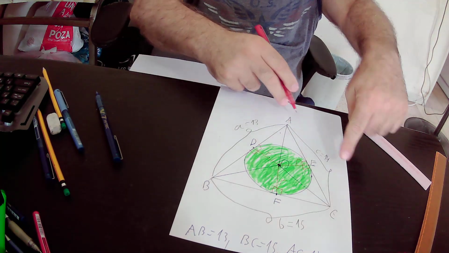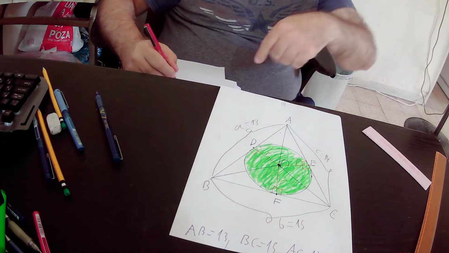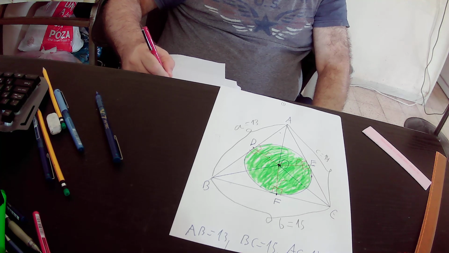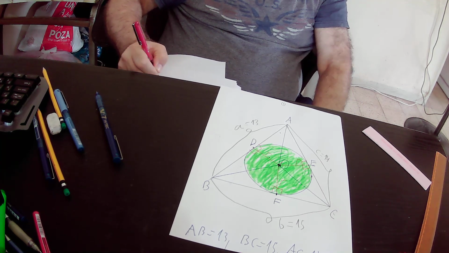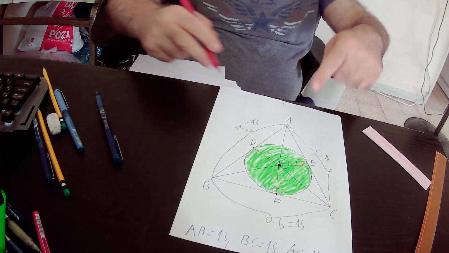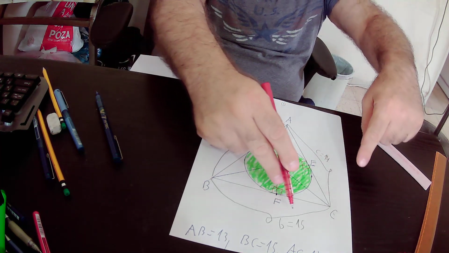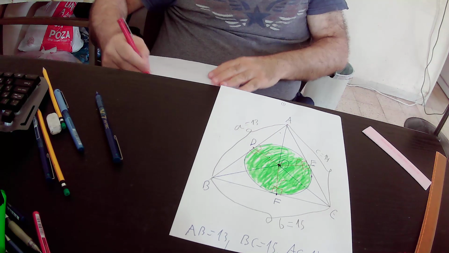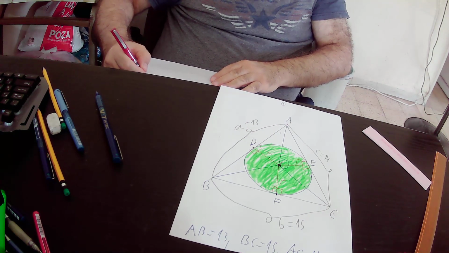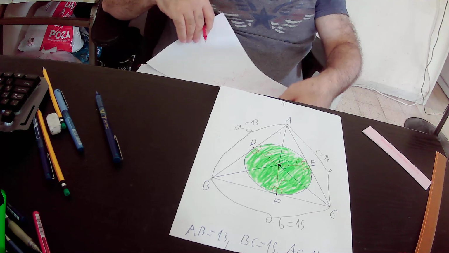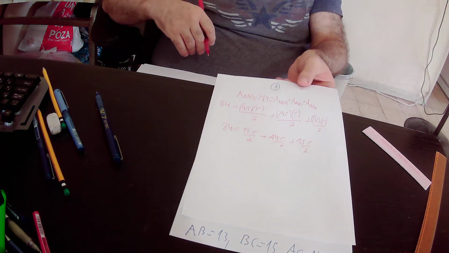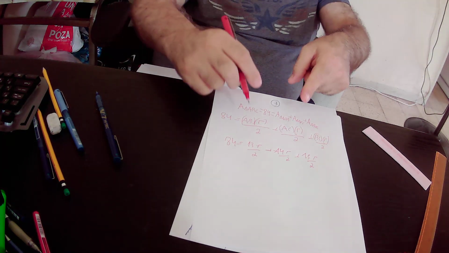AC equals b, that equals 14 units. And BC equals a, that equals 15 units. So in total we got that 84 equals this expression.